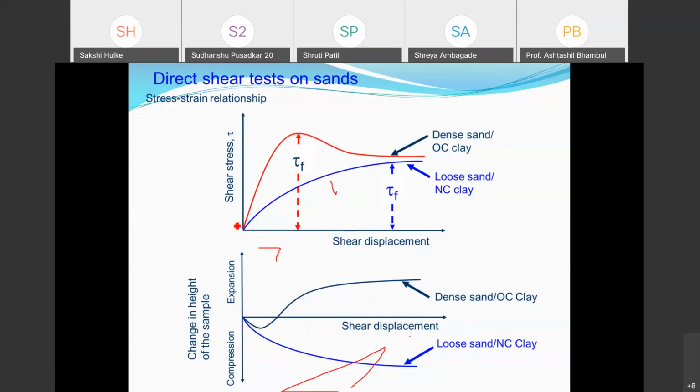In loose sand the shear stress keeps increasing, whereas in dense sand the shear stress rises to a maximum and then drops sharply.